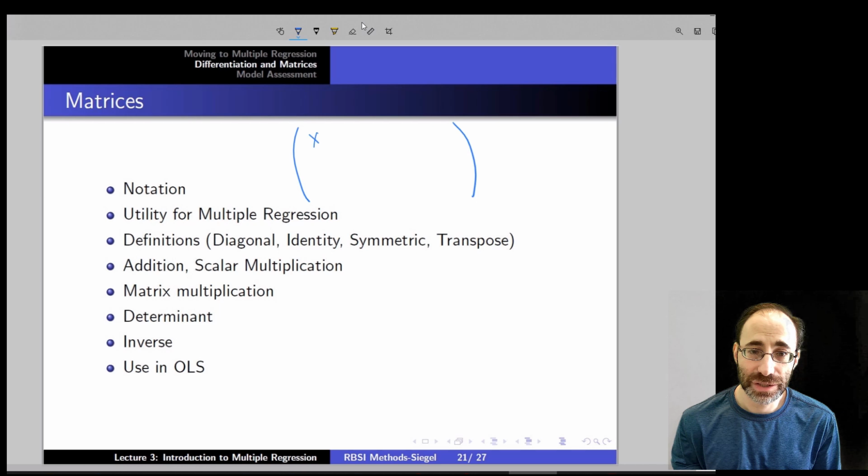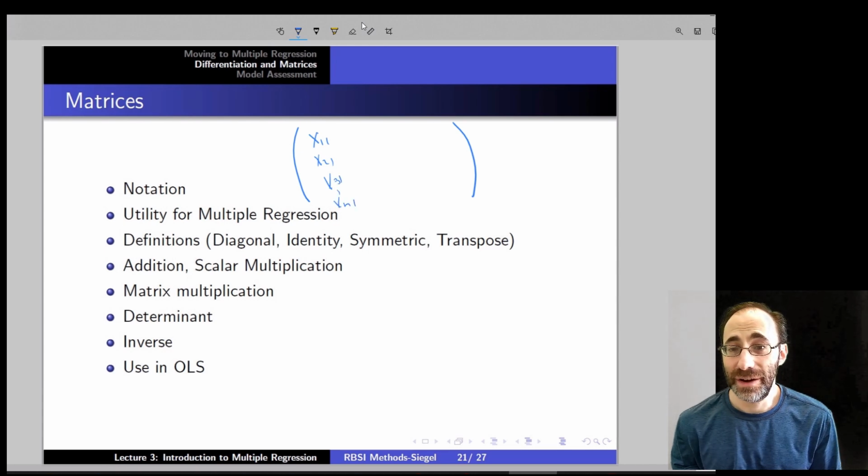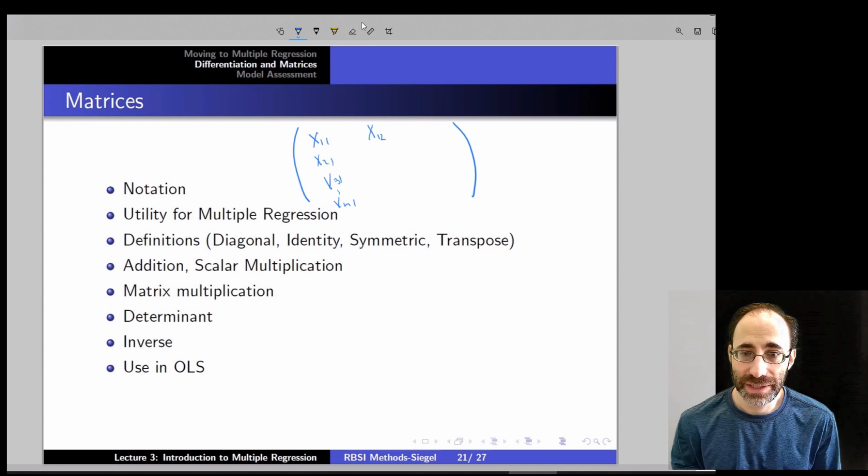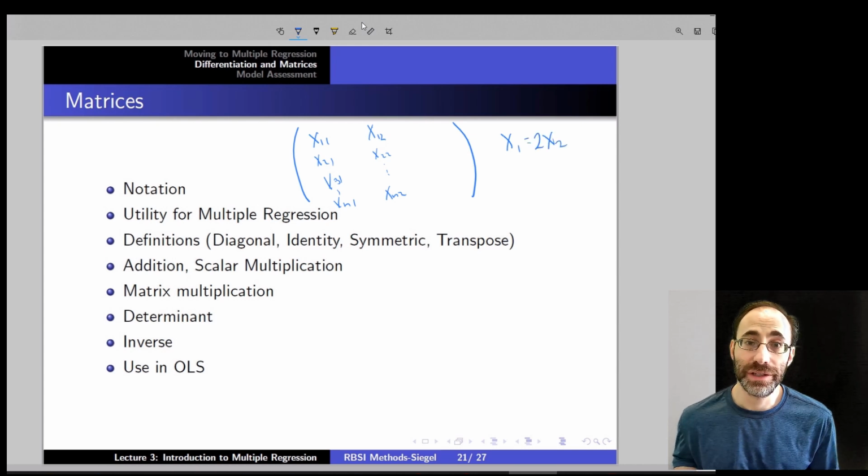If I have x1,1, x2,1, x3,1, and so on down to xn,1, and I have another variable x2 that looks like this, and it's the case that x1 equals 2 times x2 for all data points, so they're perfectly correlated, one is just twice the other, then my regression is going to fail.